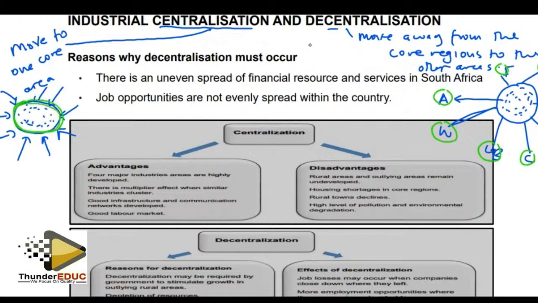With centralization, jobs are focused in a particular area, but with decentralization, jobs spread to different areas. That is why, secondly, they said another reason for decentralization was to distribute jobs evenly within the country.